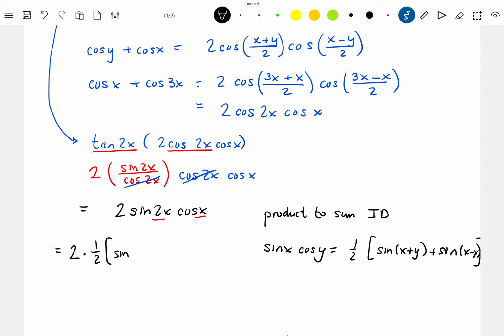That's going to be sine of, I shall write that in red, 3x plus the sine of the difference between the angles, which looks like x. And now the 2 and the 1/2 cancel out, and we have reached our goal, sine of 3x plus sine of x. And there we have it.